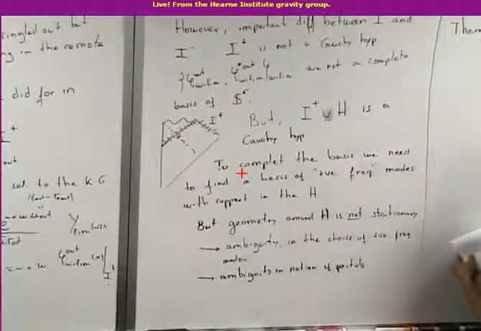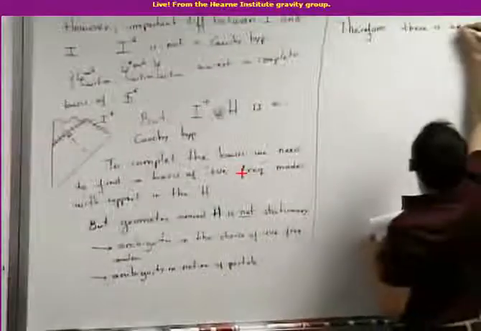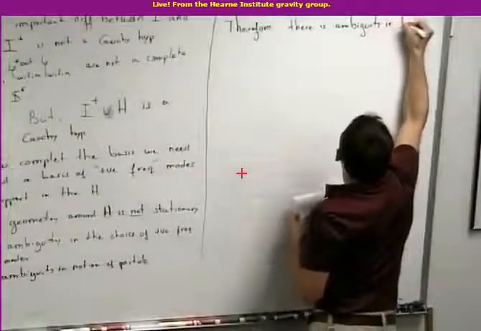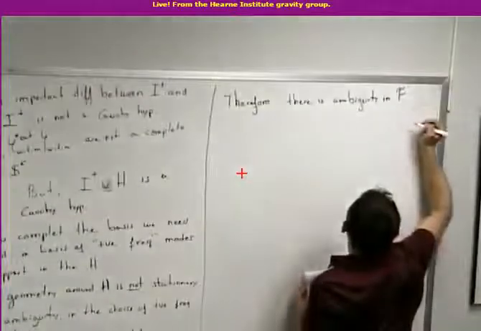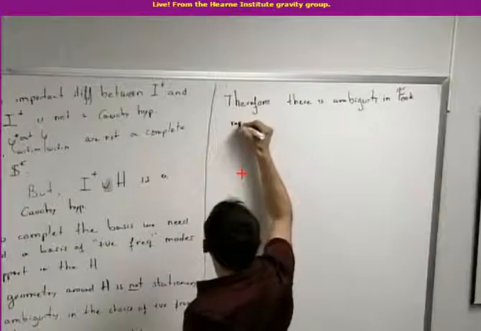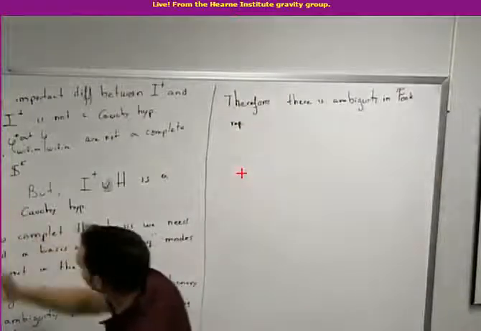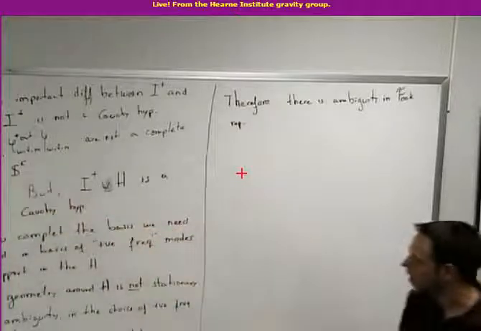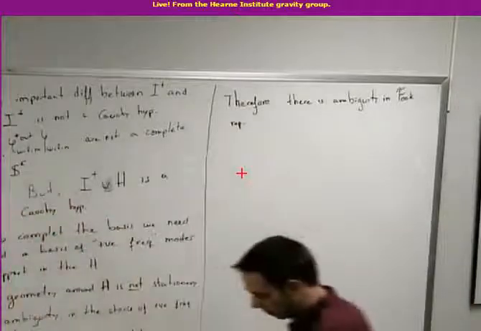Therefore there is ambiguity in this part of the Fock representation. So our out Fock space will be a combination of this one and this one, but there is ambiguity in this one.